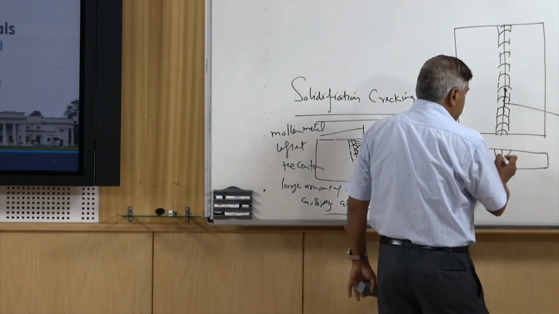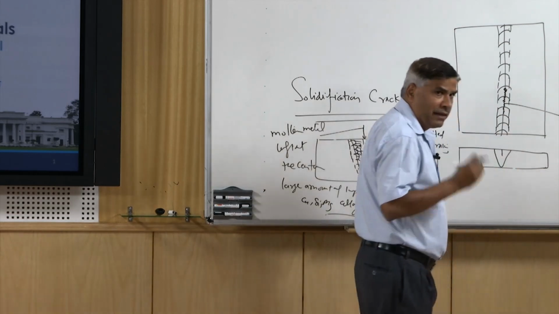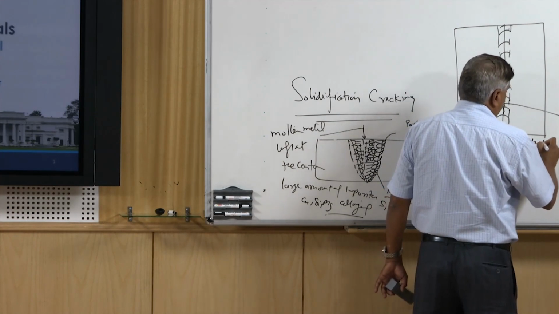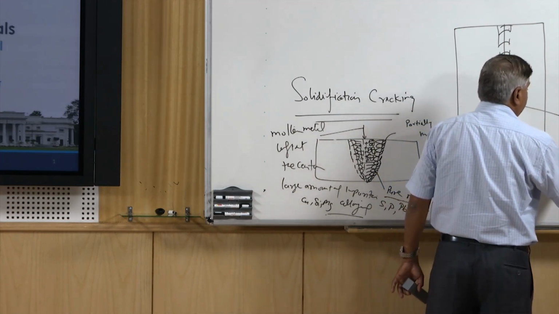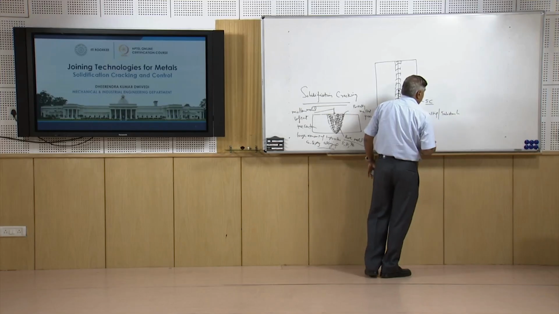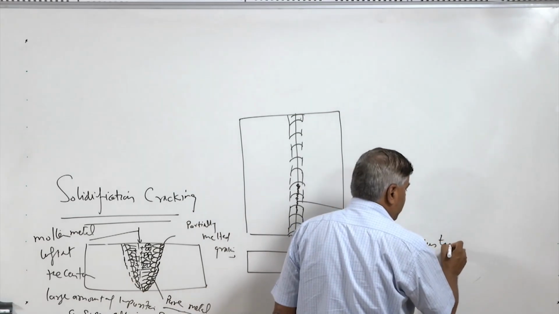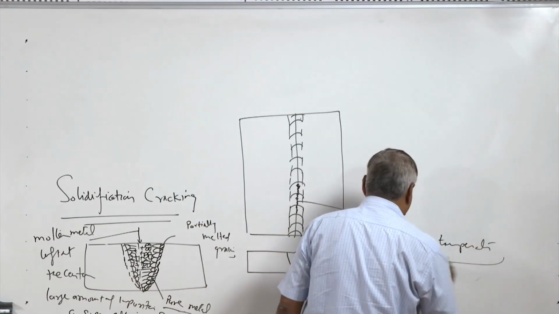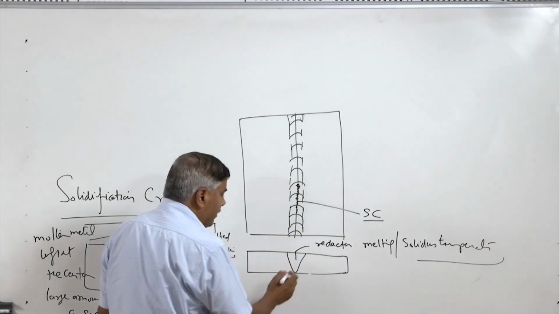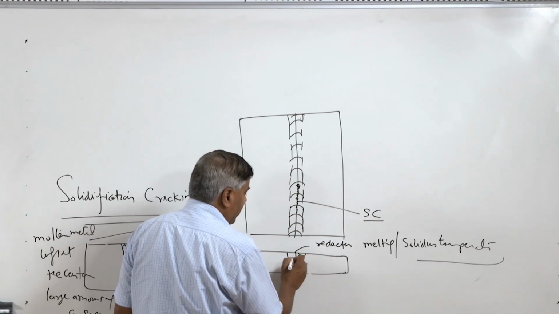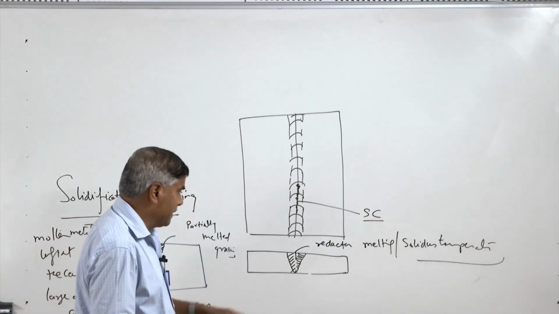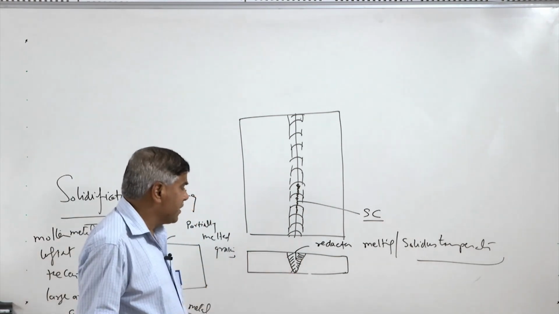So high concentration of alloying elements and impurities results in a reduction in the melting point or the solidus temperature, the temperature at which it will solidify. This reduction leads to the situation where the entire weld metal has already solidified, but there is still liquid metal present at the center of the weld.